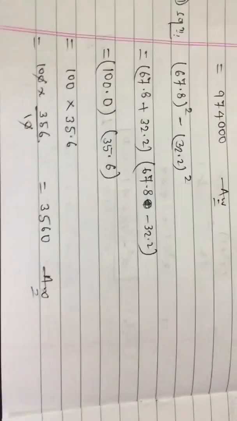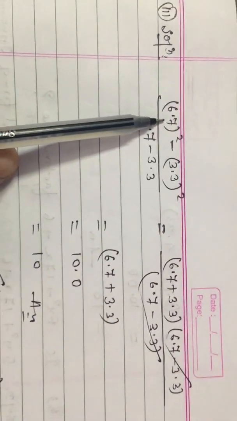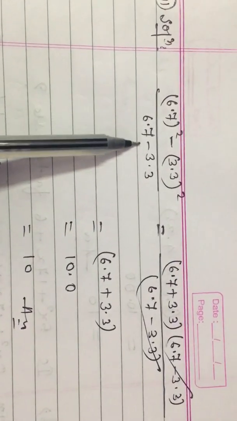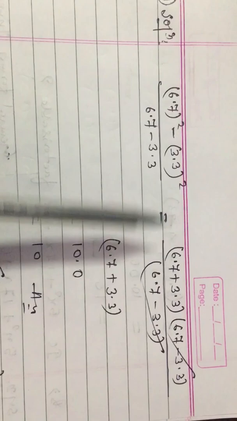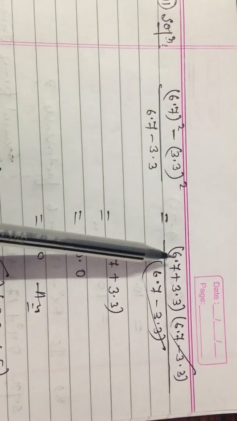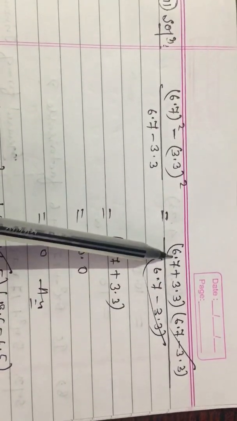Now see one more problem. 6.7 whole square minus 3.3 whole square, whole divided by 6.7 minus 3.3. The denominator is written the same. Applying the formula in the numerator, a square minus b square, that is a plus b, a minus b. So the minus term will be cancelled, this will be left.